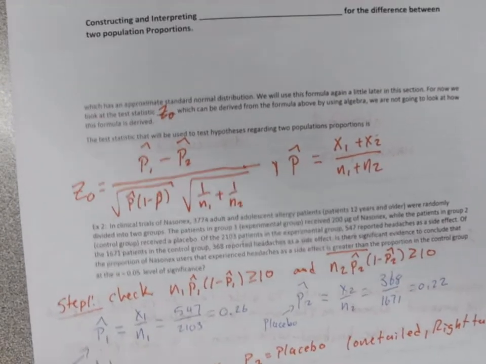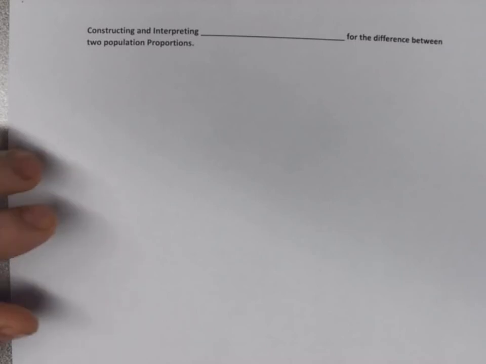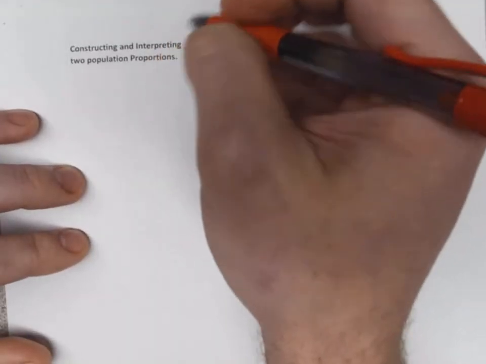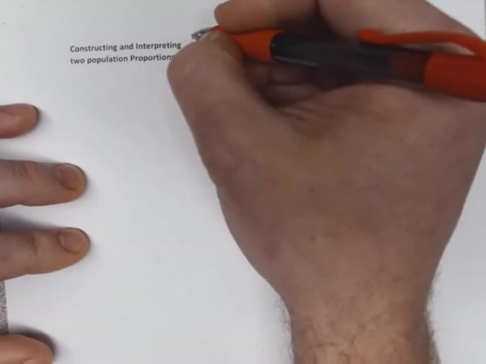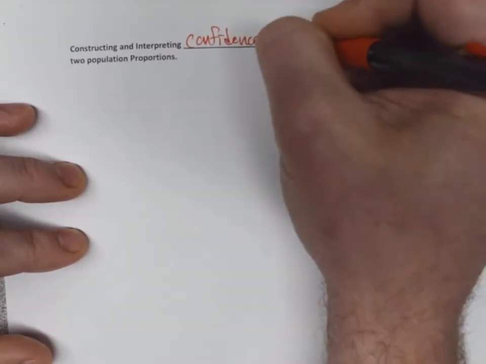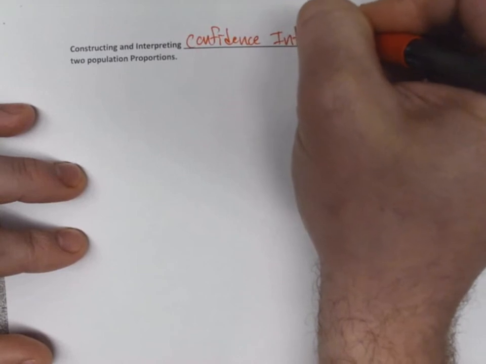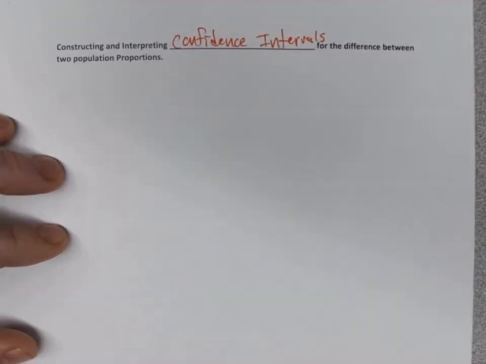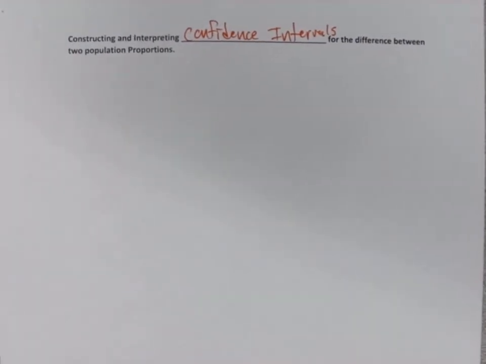All right, the last thing I want to talk about is constructing and interpreting confidence intervals for 2 samples like we're doing here, or 2 proportions. So again, you'll find this is very similar to what you've already done.